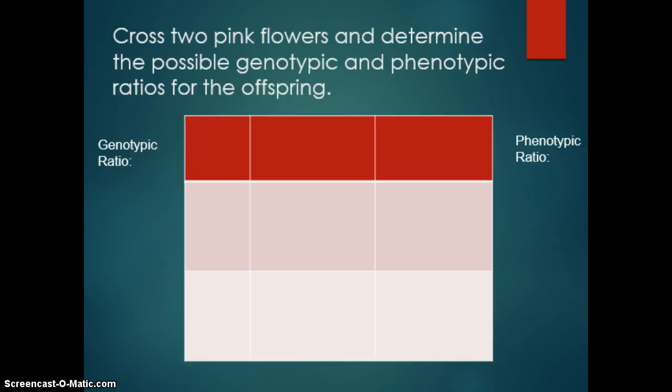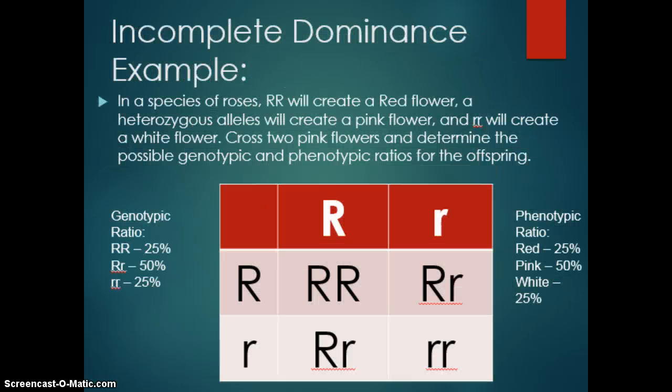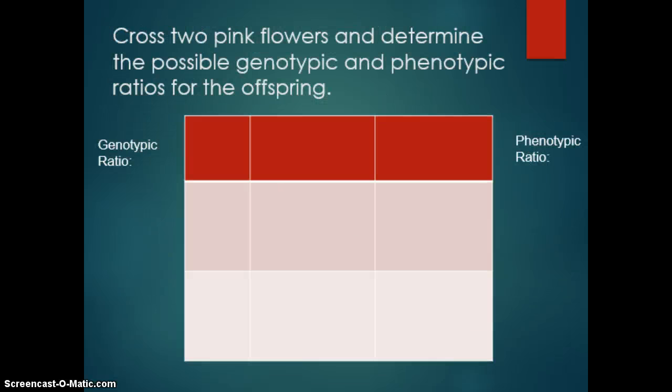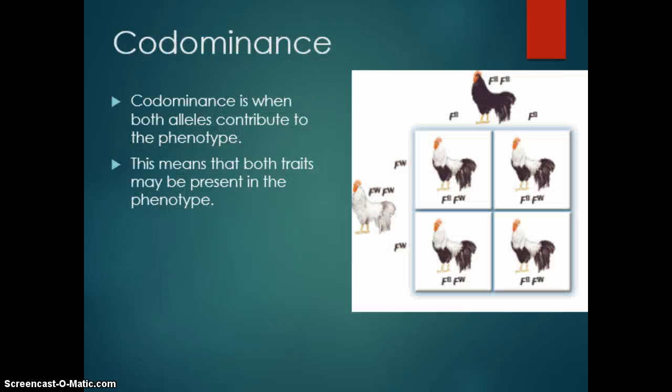So we just did this with our pink flowers, so I'm going to skip ahead here, and we're going to move to codominance. Codominance is when both alleles are actually going to contribute. So it's not a blending like in the one before, but you're actually going to see each of them on the organism.